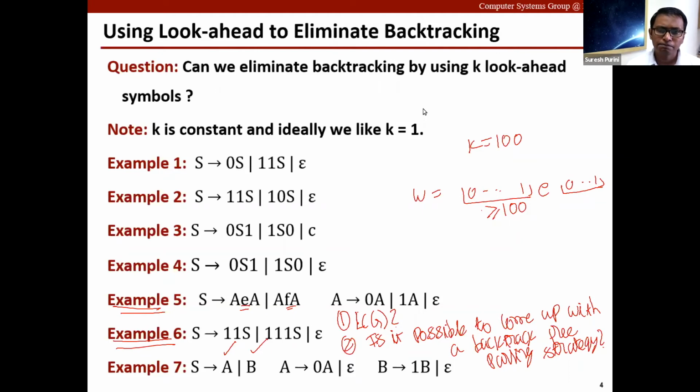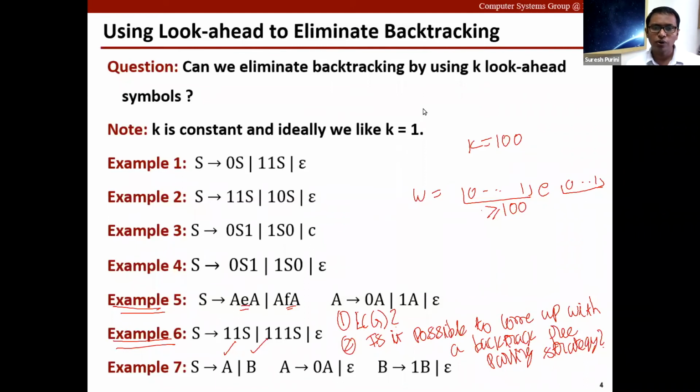And we would like to come up with a backtrack-free parser to construct parse trees towards which we are leaning. Let's say, when we are constructing parse trees for expressions involving addition, we want to lean towards parse trees where the left associative property is respected.